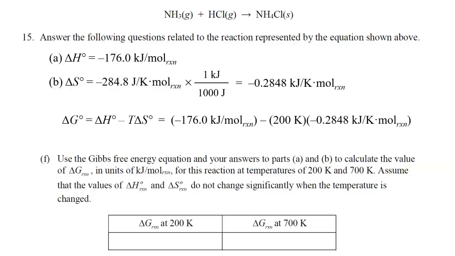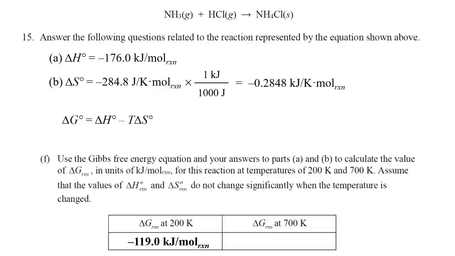So I have my delta H, which is negative 176 kilojoules per mole of reaction. I've got a temperature of 200 kelvins, and my delta S is negative 0.2848 kilojoules per Kelvin mole of reaction. When I do this math, I get a value for delta G of negative 119.0 kilojoules per mole of reaction.